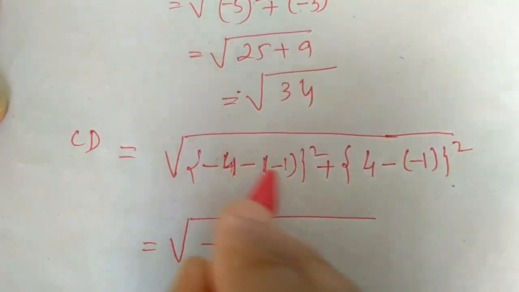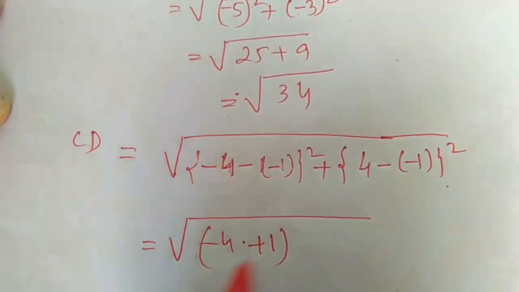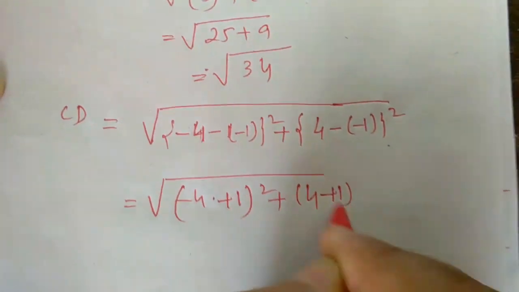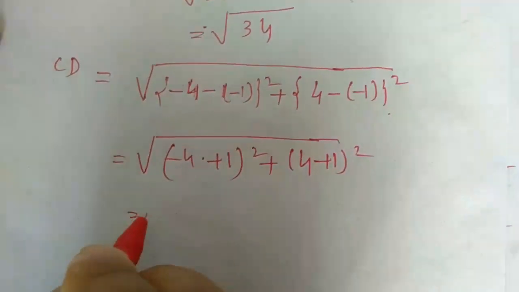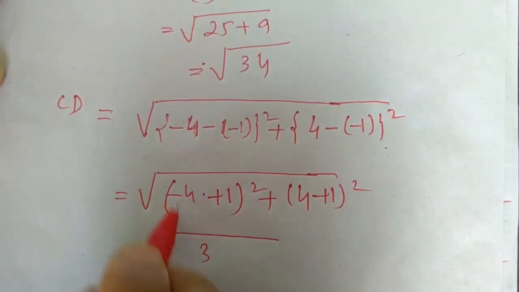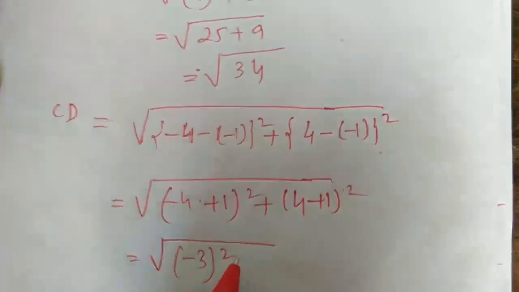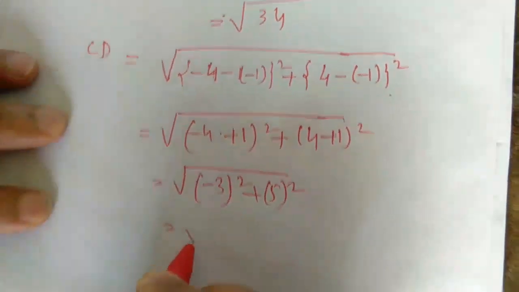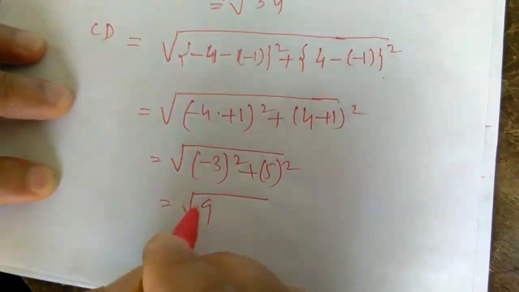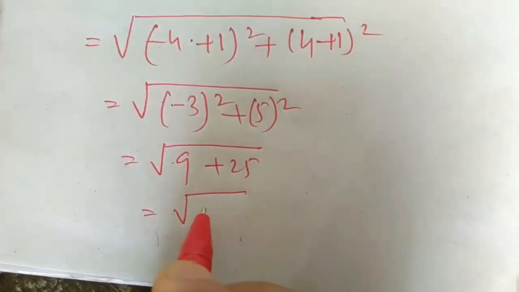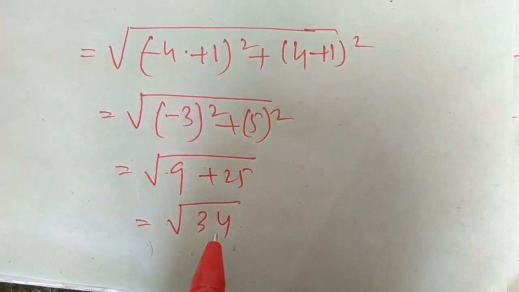Minus into minus is plus 1. 4 minus 1 is 3, so minus 3, 4 plus 1 is 5 square. 3 3 is 9, power even so plus, 5 5 is 25. 25 plus 9 equal to 34.